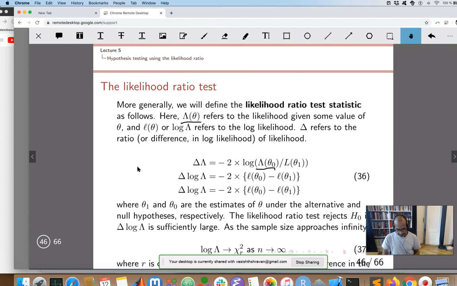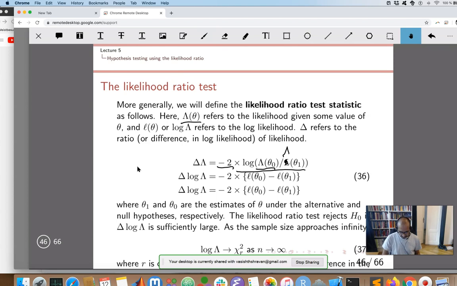If I have another model with some other value other than the null hypothesis mean, I will write lambda theta 1, right? So I take the ratio of those two, and -2 times that value is going to give me the likelihood ratio test statistic, as I just showed you earlier.